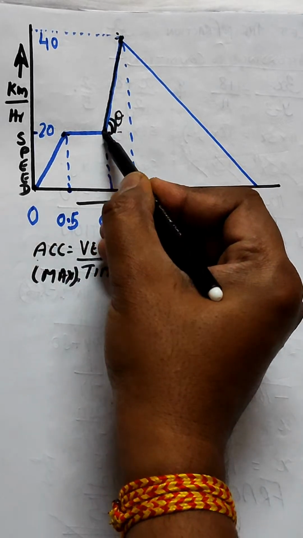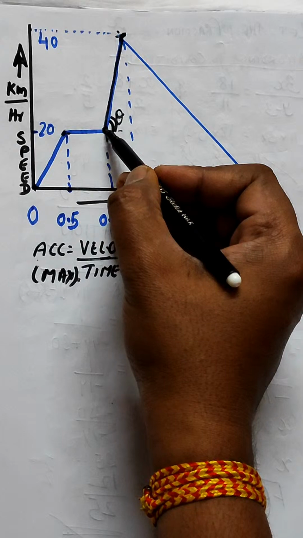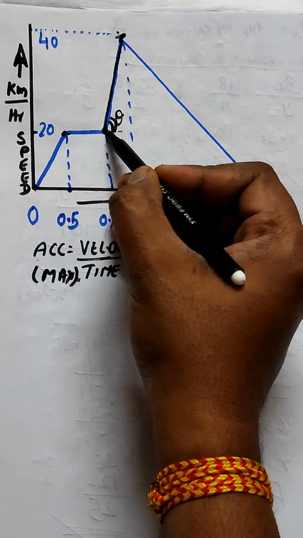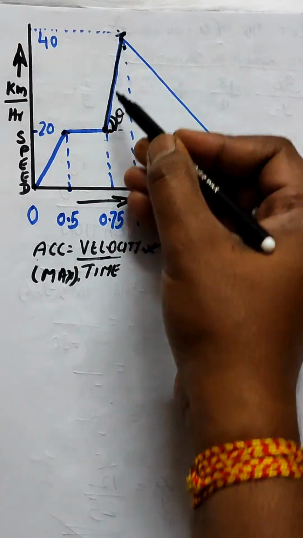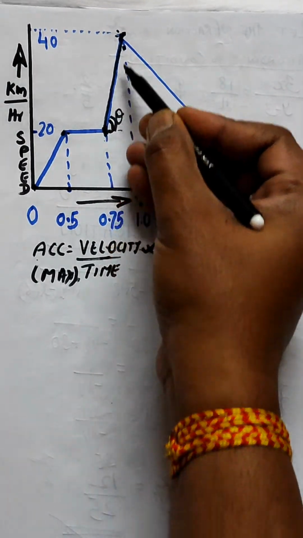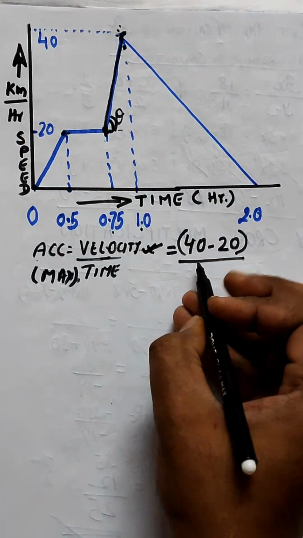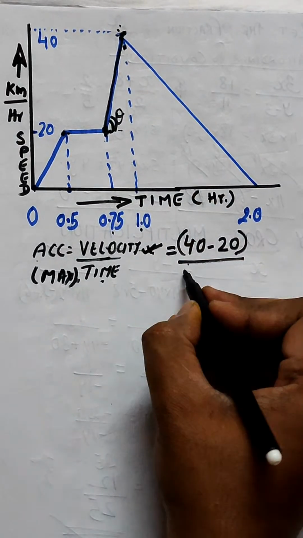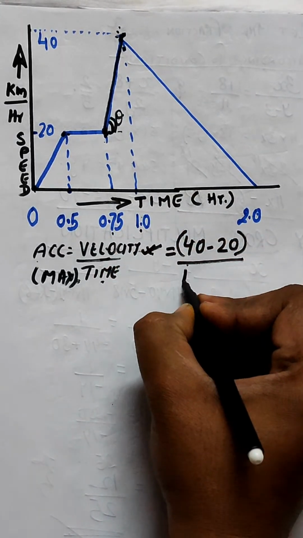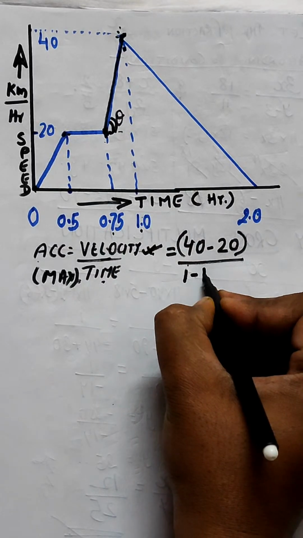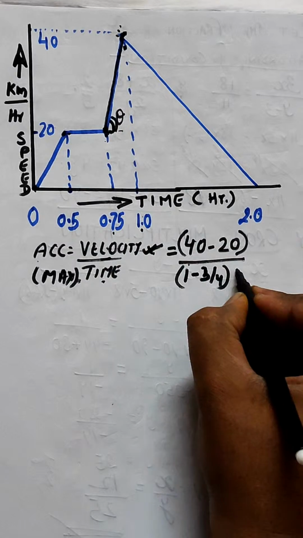So from 20 to 40, the train speed is increasing from 20 to 40. So how much time does it take to attain the velocity from 20 to 40? The time will be 0.75 to 1. So in the denominator it will be 1 minus 0.75, that is 1 minus 3 by 4 hour.